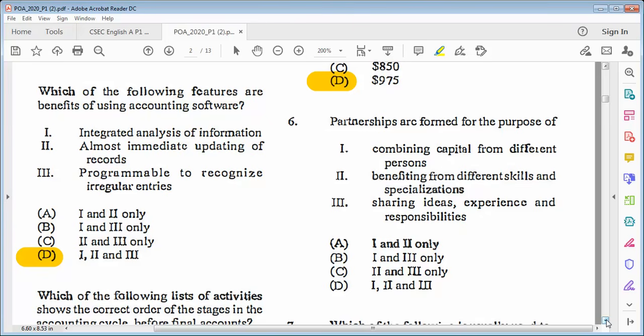Our answer options are A, 1 and 2 only, B, 1 and 3 only, C, 2 and 3 only, or D, 1, 2, and 3. So we know that partnerships are formed for combining capital from different persons, yes, benefiting from different skills and specializing, and sharing ideas, experience, and responsibilities. So our answer is D, all of them, 1, 2, and 3.